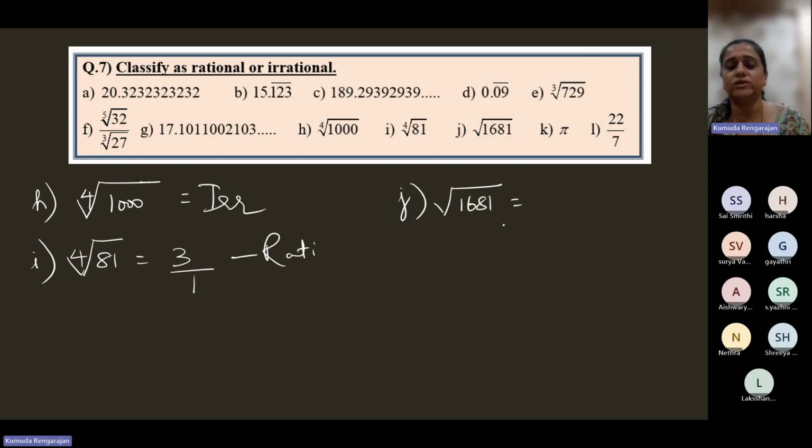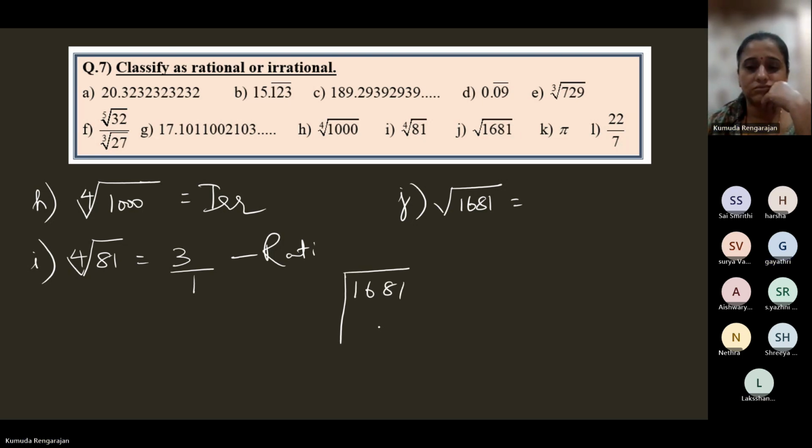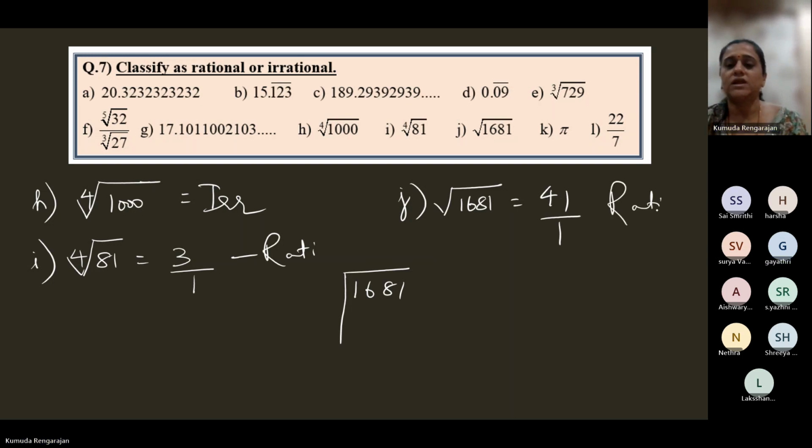Square root of 1681. Find out using the special division method. 41. Correct. So 41 is 41 by 1, integer by integer. So rational number.